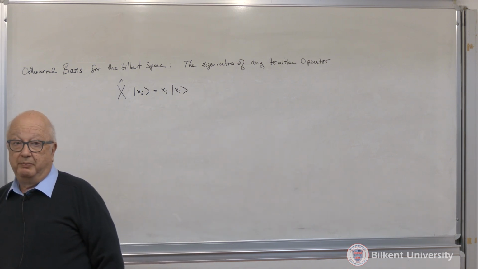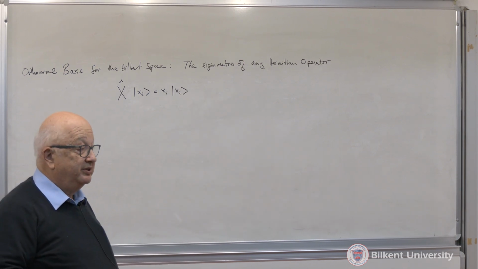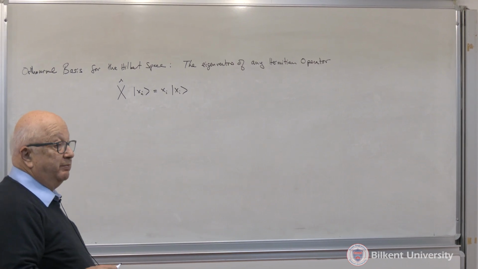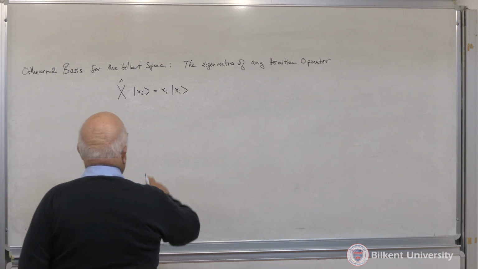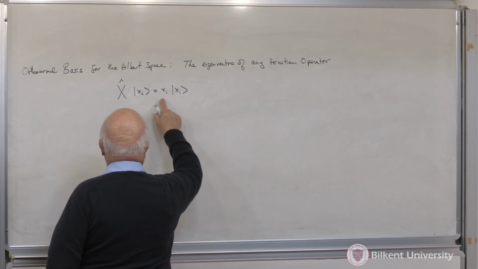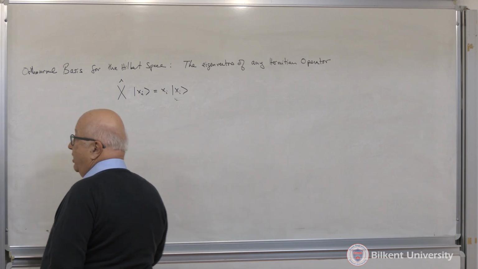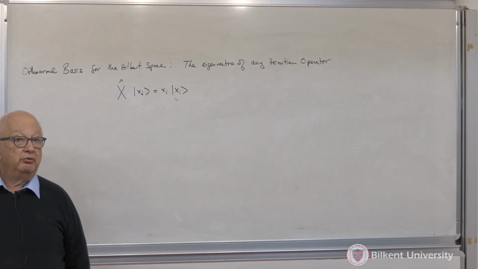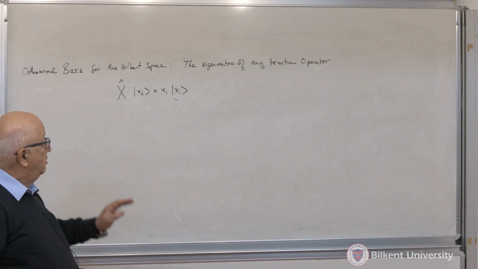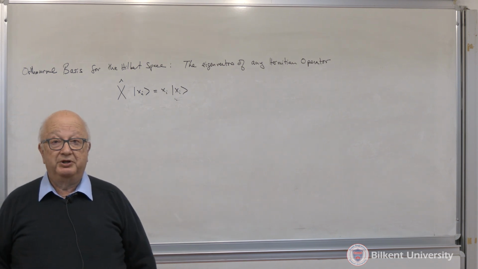Okay, so that's the position operator. Remember, we discussed the eigenfunctions of the position operator. So that's going to have its eigenvalues and eigenvectors. So these eigenvectors can form a basis for my Hilbert space.